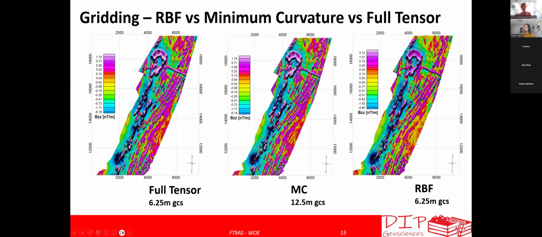So once again, at this scale, I don't really see a massive difference in this area where you have high gradients. I would argue maybe that the full tensor looks a bit cleaner. The minimum curvature and the RBF both should start showing kind of east-west trends on both sides. So it looks cleaner, but it's not a night and day thing.